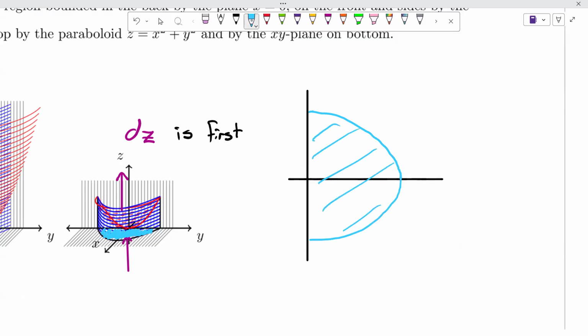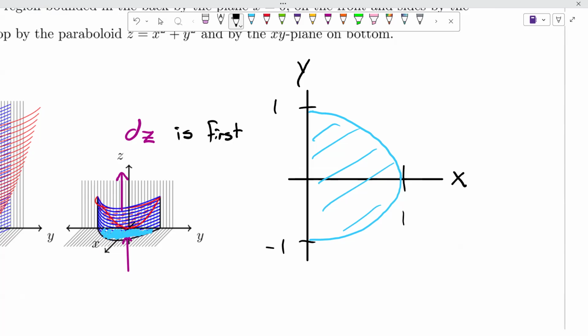So this was that projection down into the XY plane. Y is here. Wait a minute, why did I put Y over there? That's clearly X, and this is Y. Not too often I get the letters wrong. That's at 1, that's at 1, that's at -1.